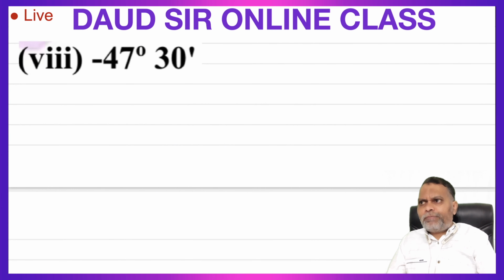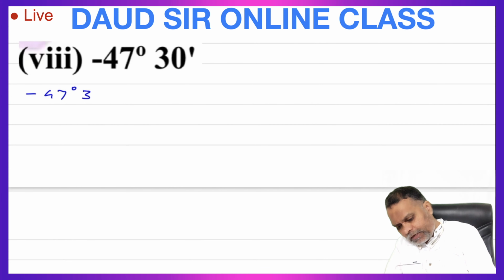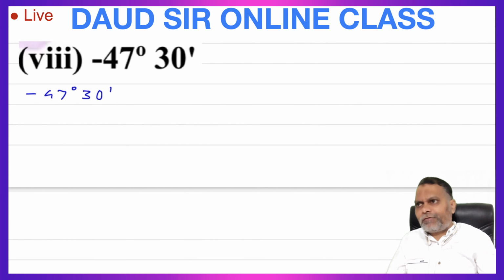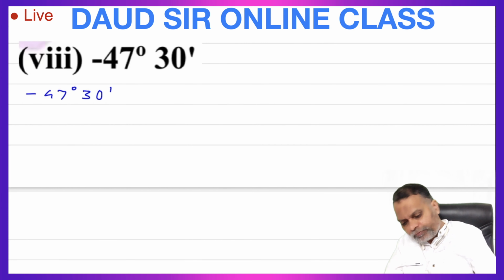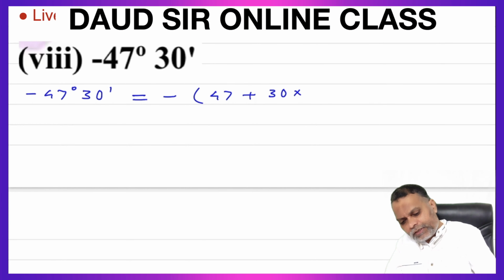Question number second, part 8. Minus 47 degree 30 minute. First convert into only degree. So this is minus, and this 47 plus this 30 minute multiplying by 1 by 60.